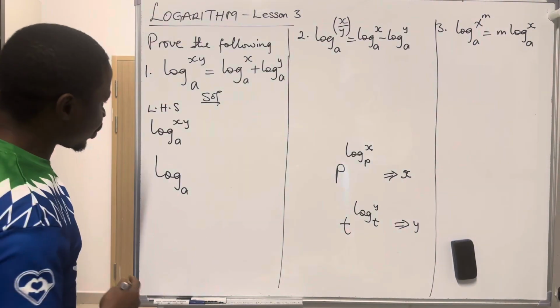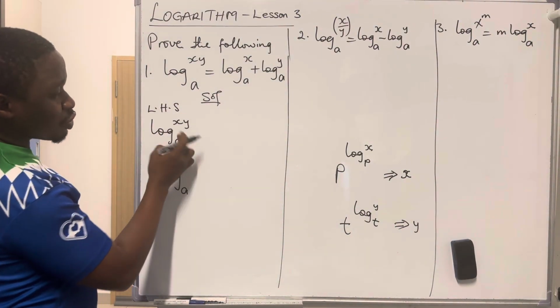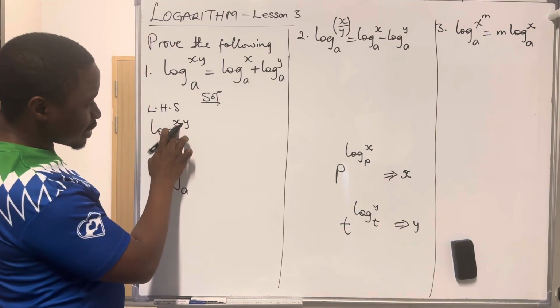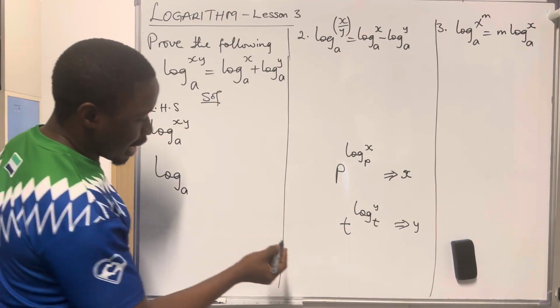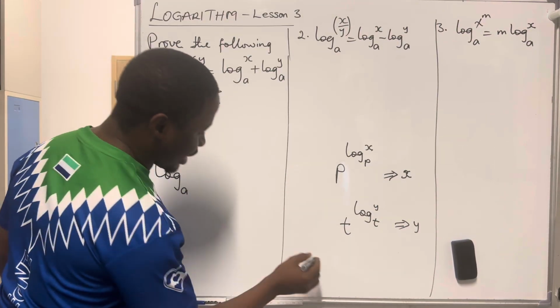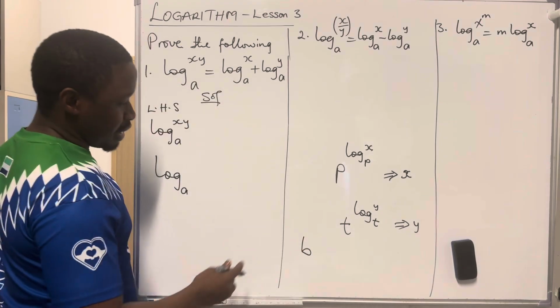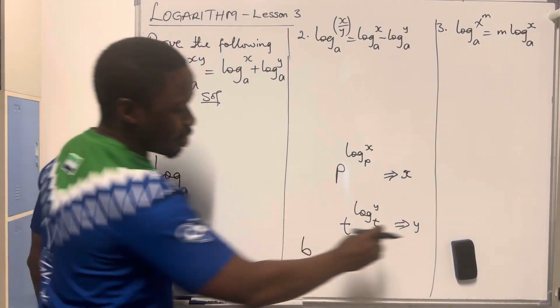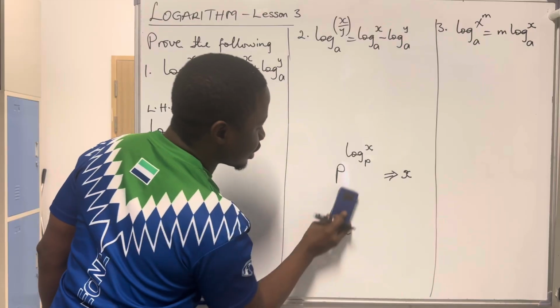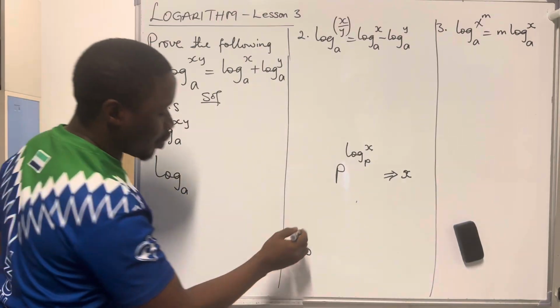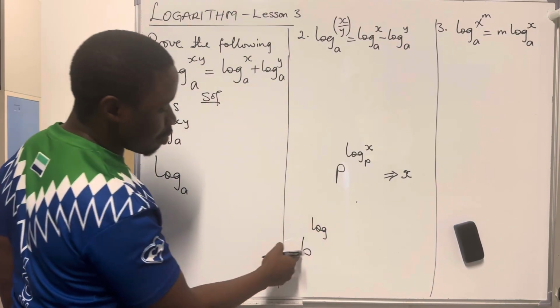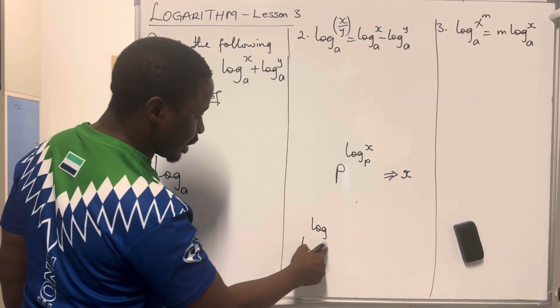So this tells us that if we want to create the same thing with x, we can say a number, any number, let's say b, is raised to a power, but the power is in log form.